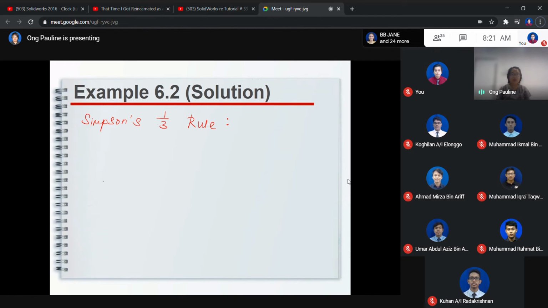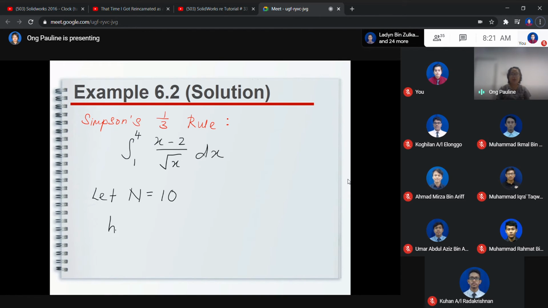For this case, we want to solve the integration from 1 to 4 of (x minus 2) divided by the square root of x dx. Right. So we let n equal 10.